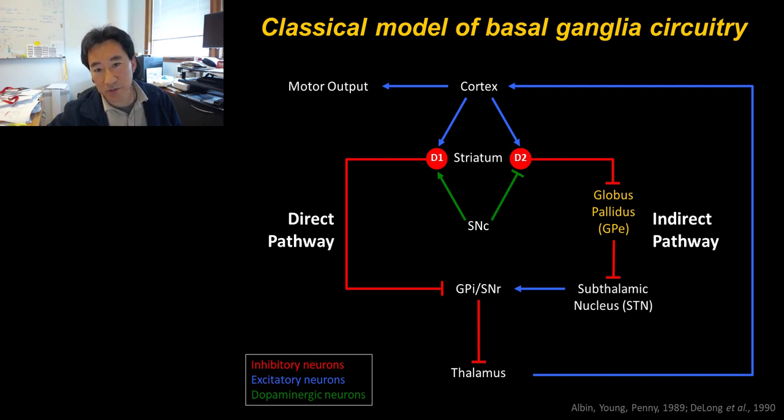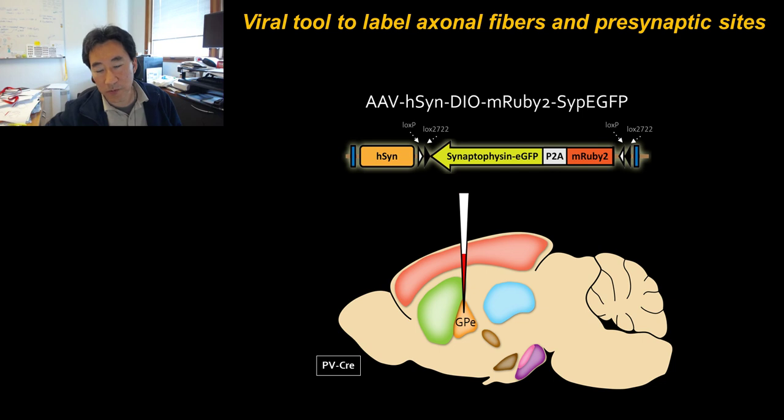In this presentation, we are focusing on the globus pallidus. The globus pallidus is a heterogeneous neuronal population. More than 60% of the neurons are parvalbumin positive.